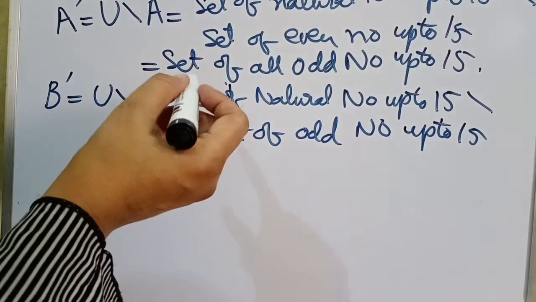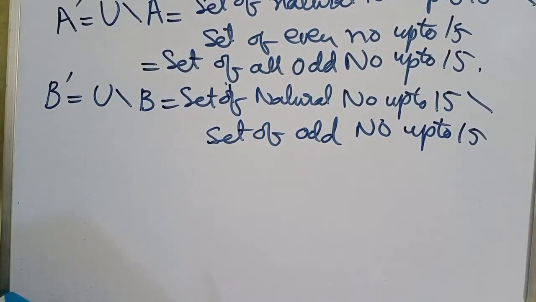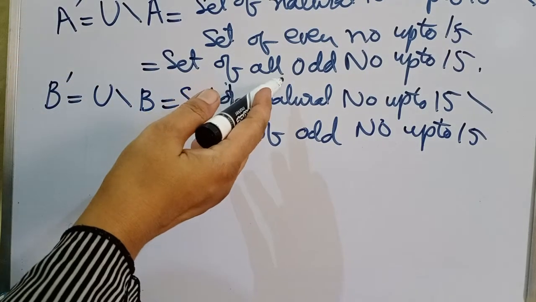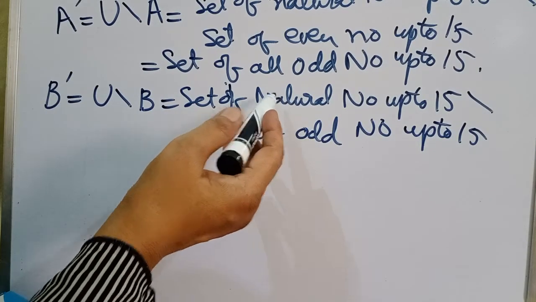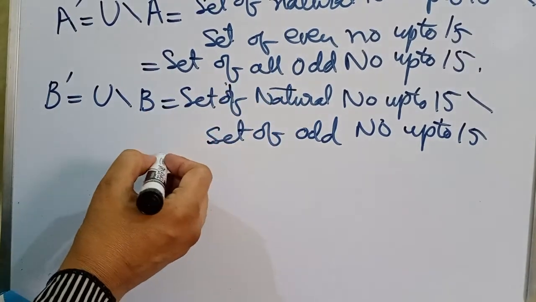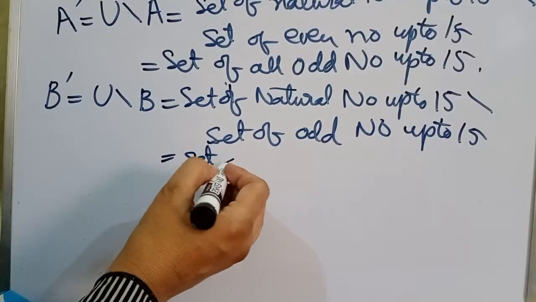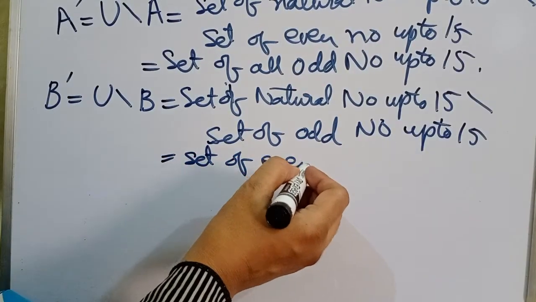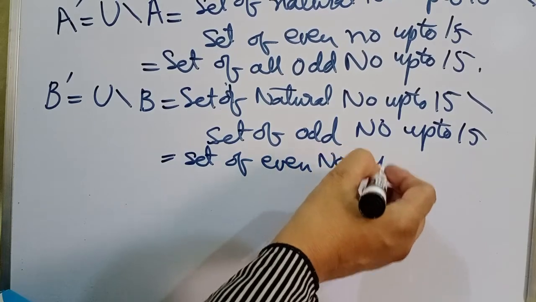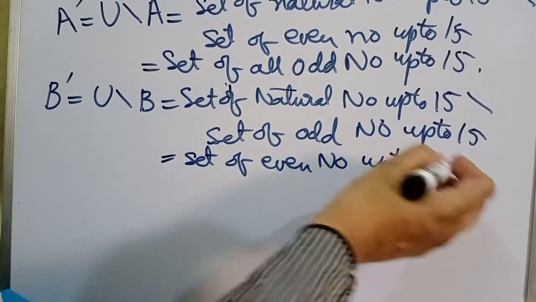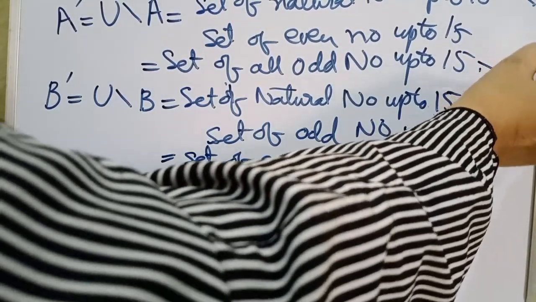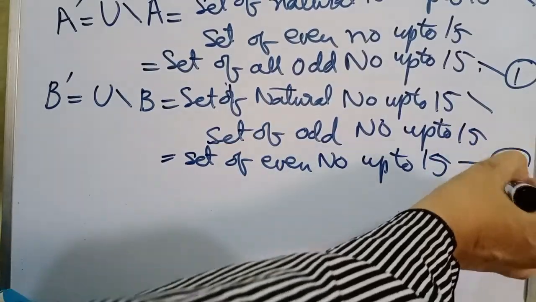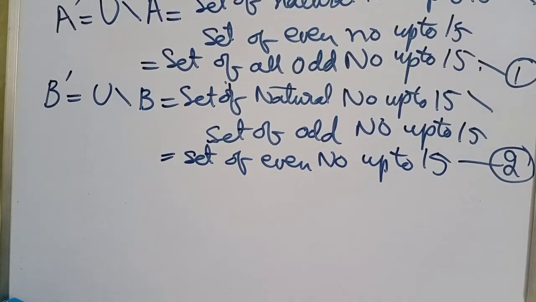Similarly, as we obtained A complement set, we remove all odd numbers from natural numbers and we get set of even numbers up to 15. This is 1 and this is 2.